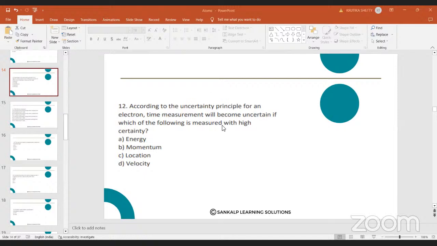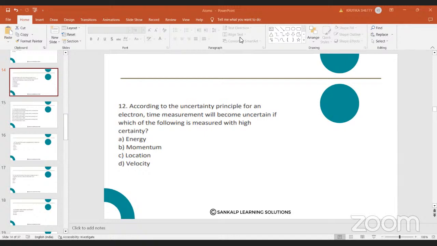So according to his principle, which two quantities can we not find simultaneously? See here, the electrons are revolving in an orbit.